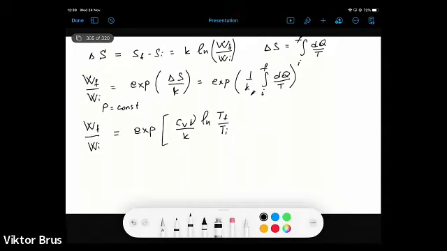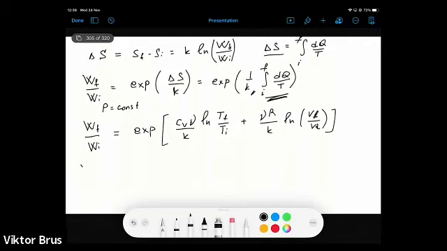And plus nu times R divided by K times natural logarithm V2 divided by V1, V final divided by V initial. So you understand what we are doing. We have this integral here, which stands for the change of entropy.